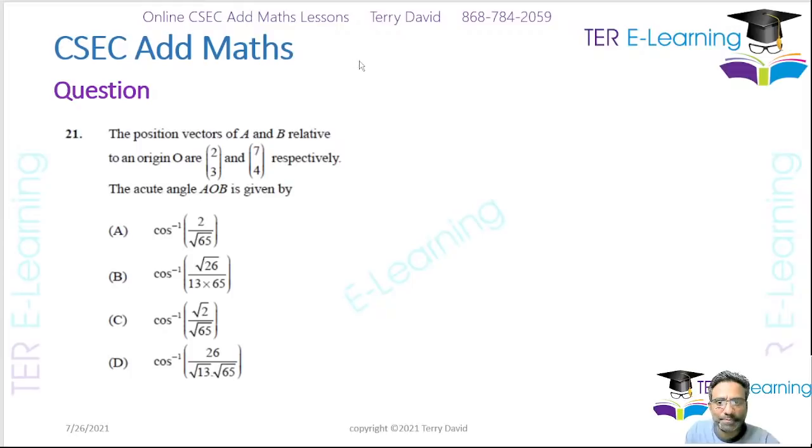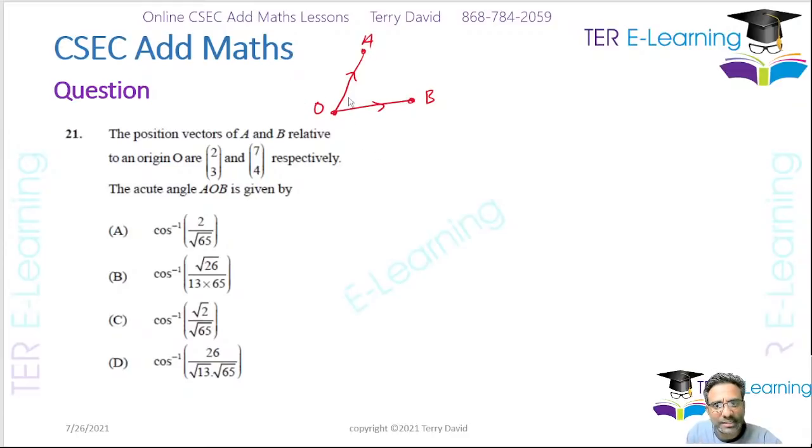Question 21 now. They give us two vectors. So they said position vectors A and B relative to an origin O. So here's what's happening here. So you have the point O, right? You have a vector OA and you have a vector OB, right?